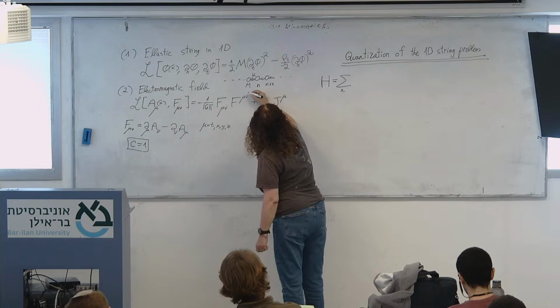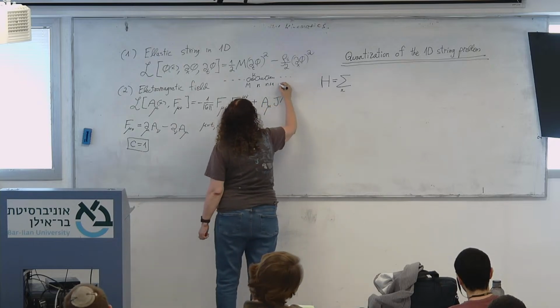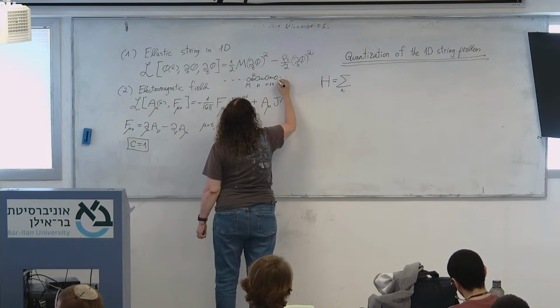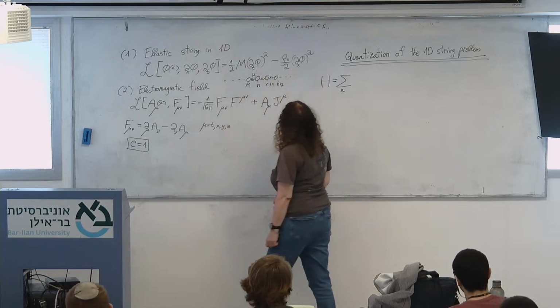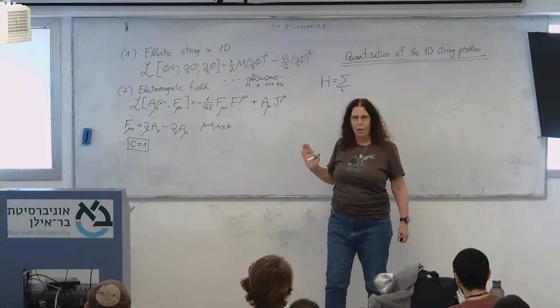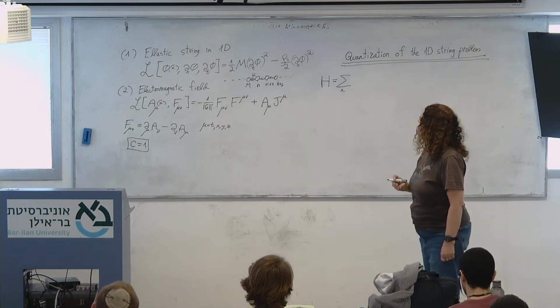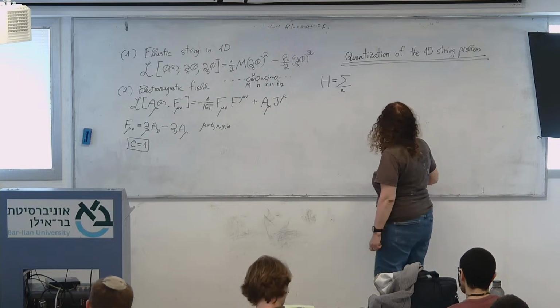n plus 1, n plus 2. Okay, these were just indices describing discrete particles with mass m.